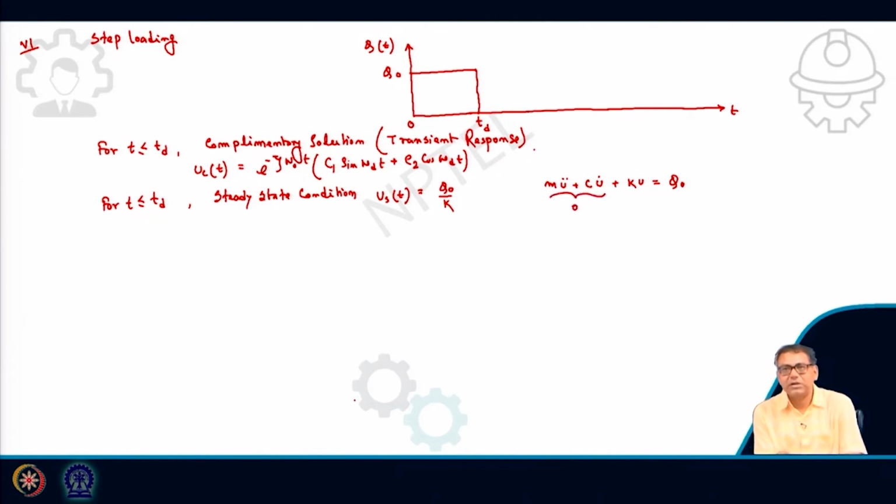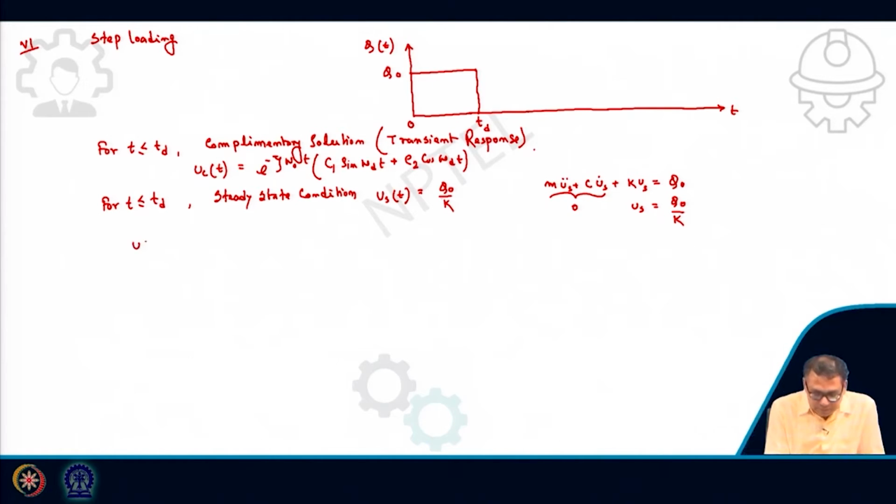So the steady state response Qs will be simply Q0 by K.